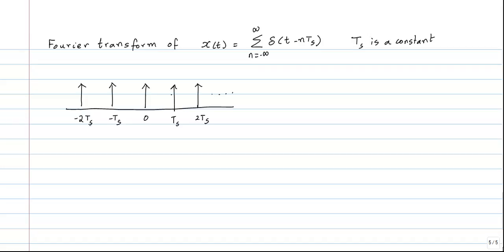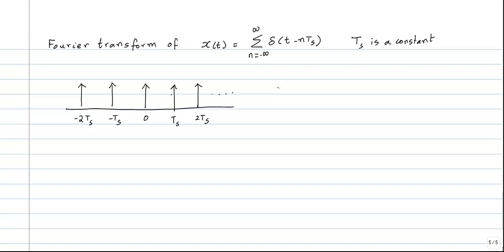So the question is, what is the Fourier transform of this signal? Well, we'll do exactly what we did in the last two cases, which is to find the Fourier series coefficients first, and then find the Fourier transform from that.